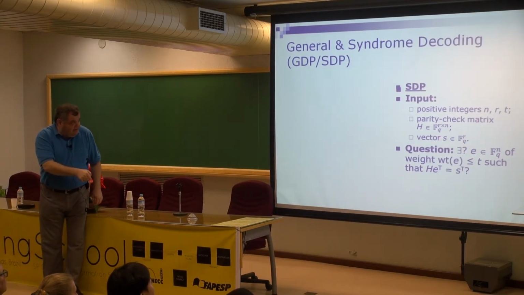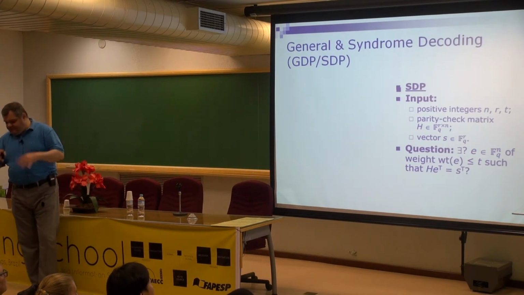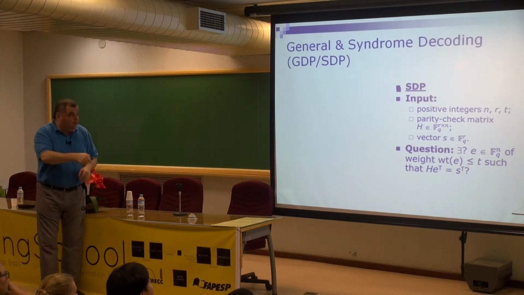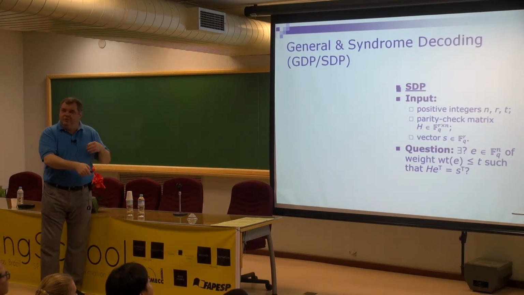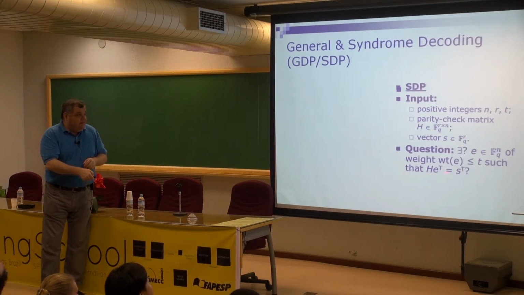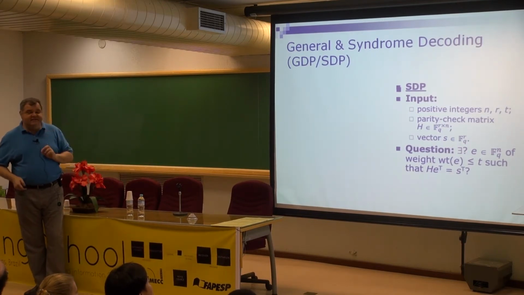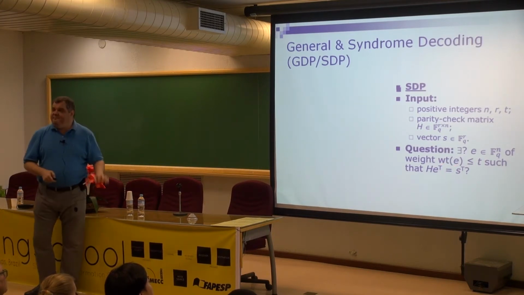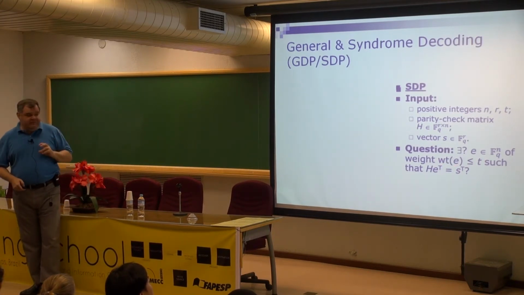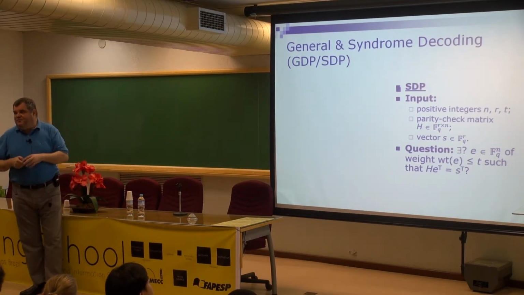And finally, we are given a certain syndrome S, a projection of some vector onto the dual code, the code whose generator is H. We have to answer this question: is there by any chance a short vector, a vector whose Hamming weight is upper bounded by t, whose syndrome is S, the given syndrome?